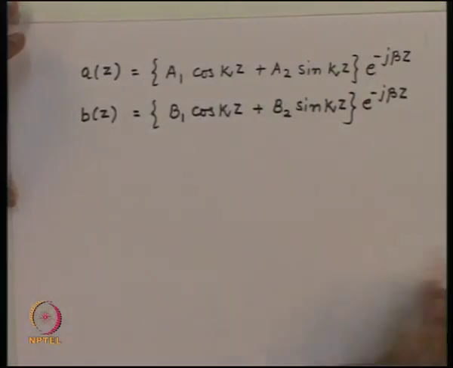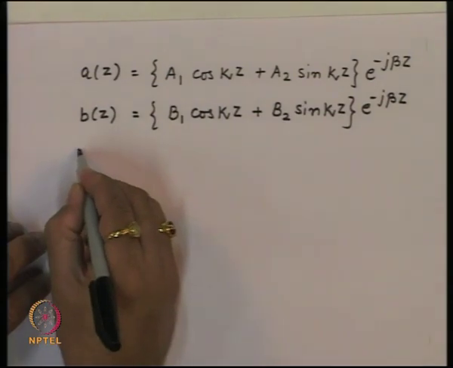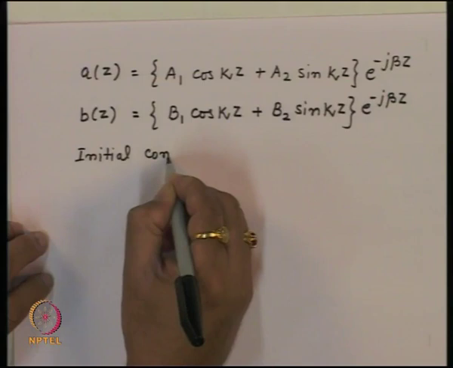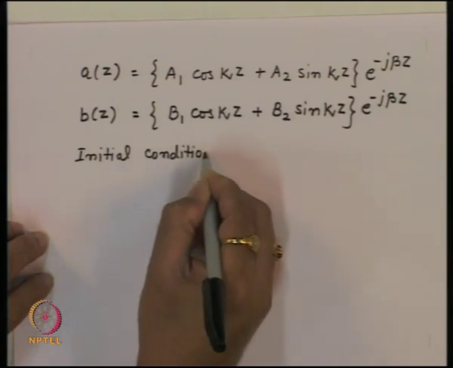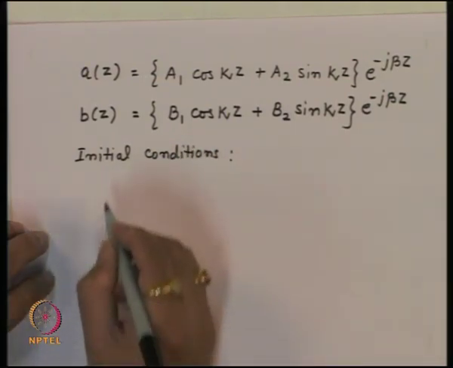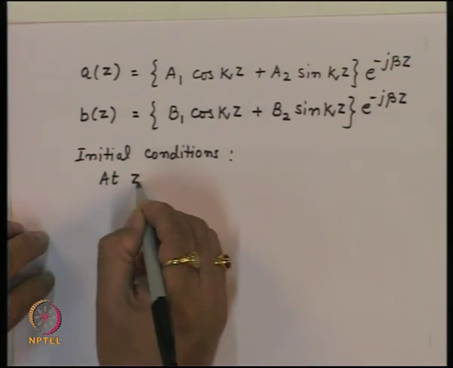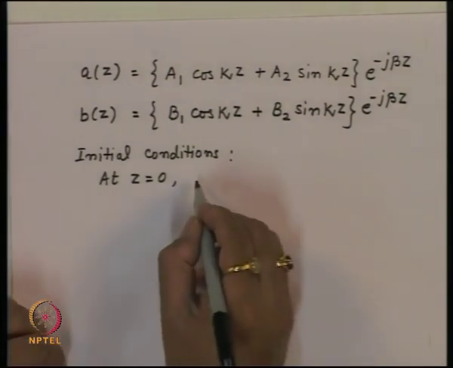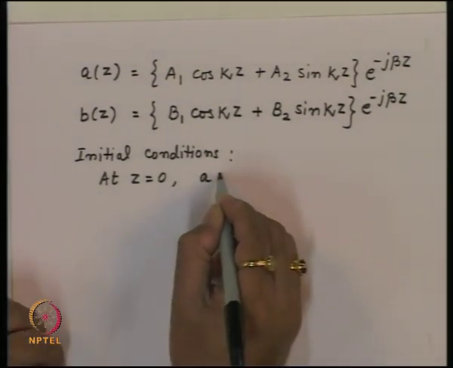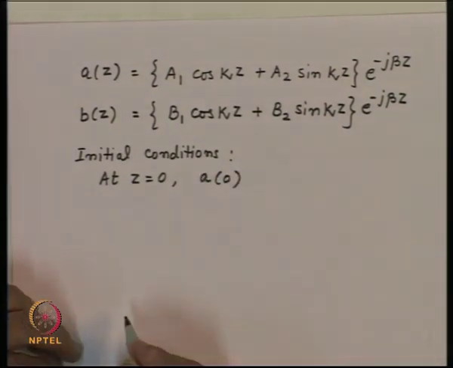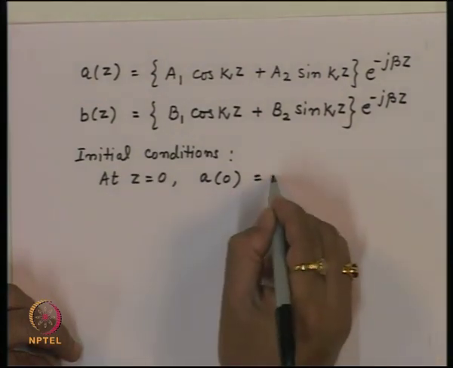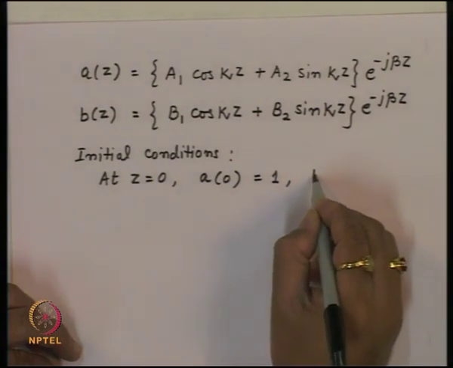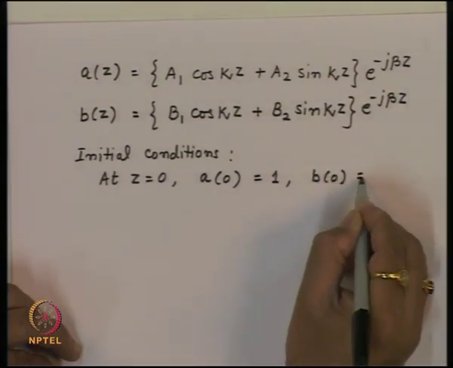So now we have the initial conditions for this case. At z equal to 0, we are exciting waveguide A, so A of 0 will be equal to 1, and no excitation is given to waveguide B, so B of 0 will be equal to 0.